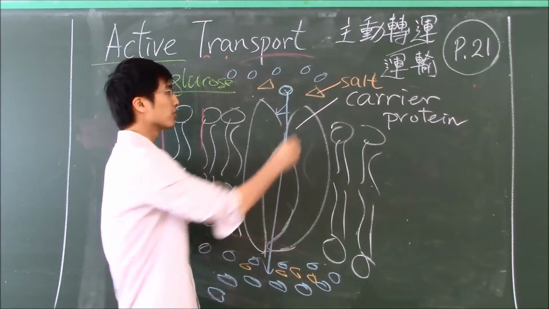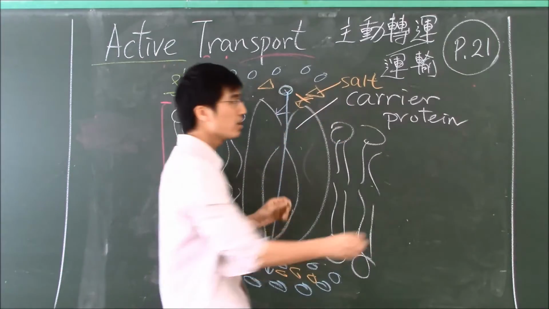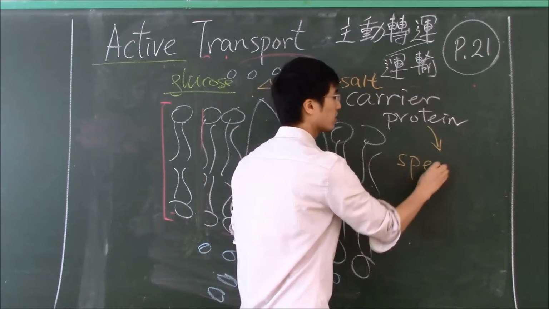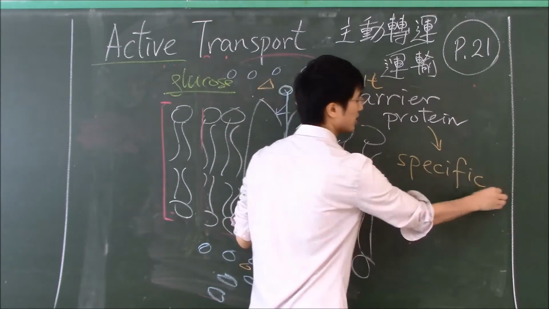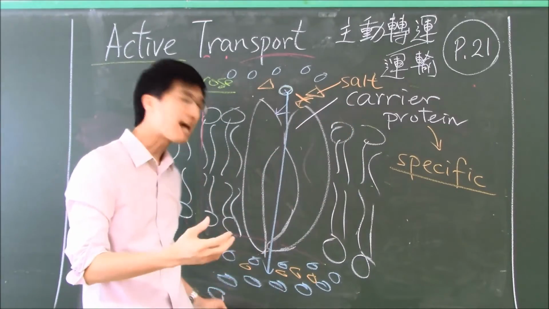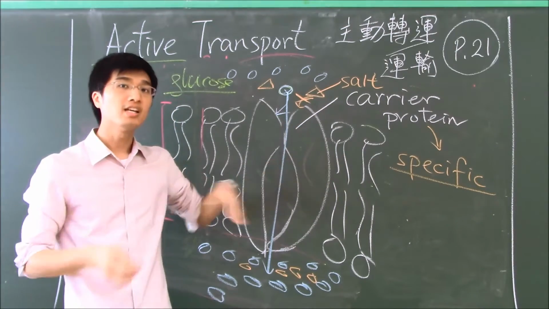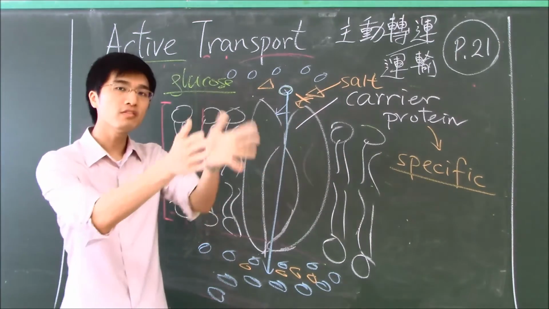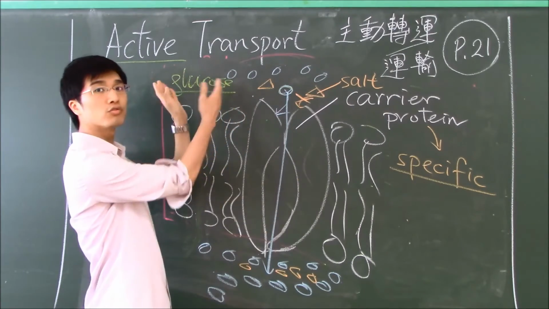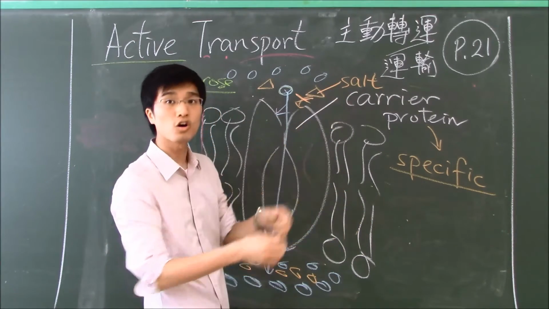Sorry, it cannot, because the carrier protein has a feature we call specificity. That means the carrier protein is specific. One carrier protein is specific for one particular molecule. For example, this carrier protein is for glucose only, and the other carrier protein is for this salt only.